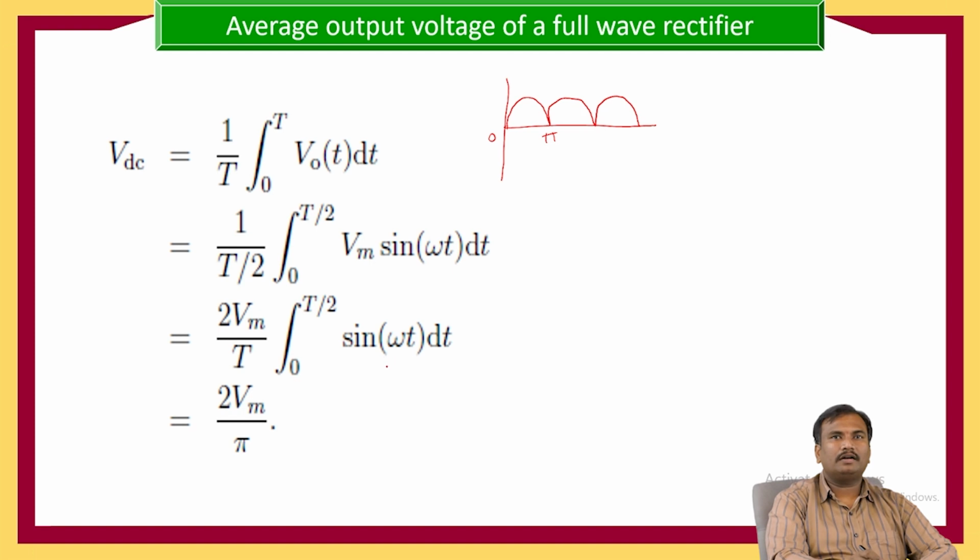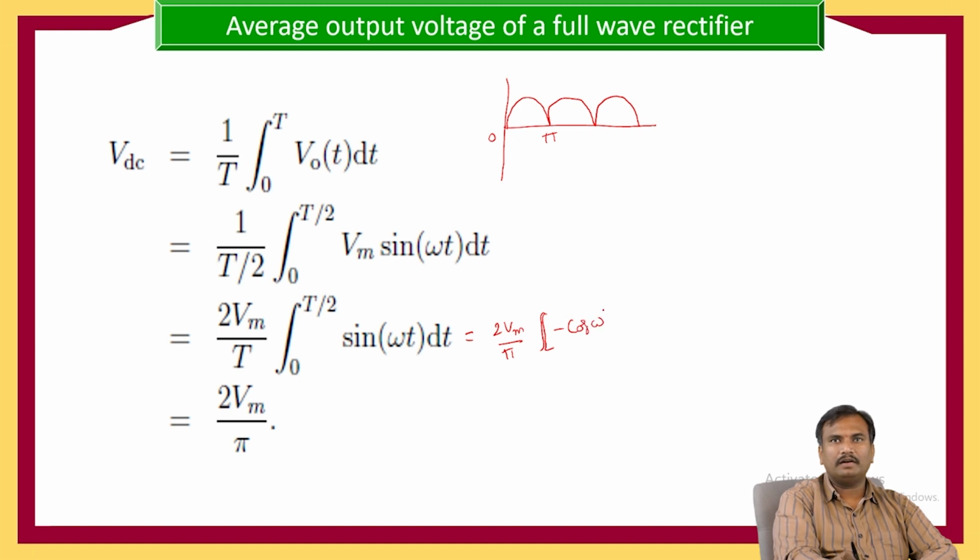So 2 Vm by pi into integration, the limits, minus cos omega t by omega into dt, which is equal to 2 Vm by T.